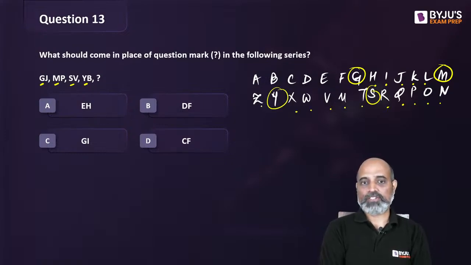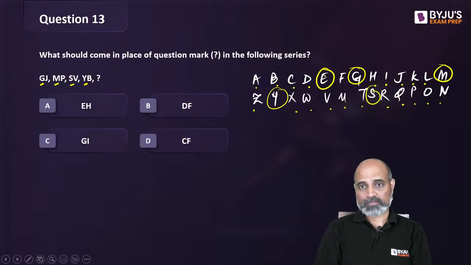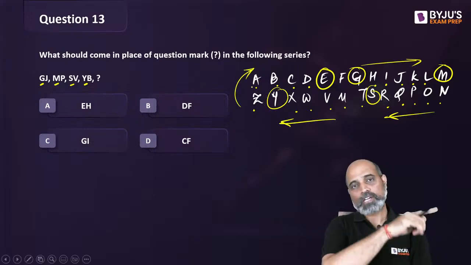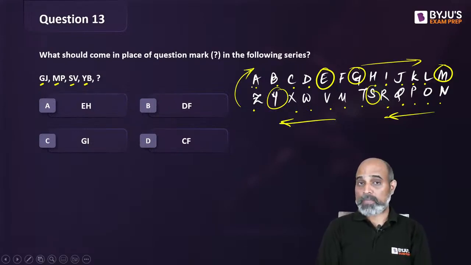And then we should have a gap of 1, 2, 3, 4, 5 letters, and it should start with an E. है ना? We are moving like this, 5 letters. It's always cyclic. After Z, you come back to A. So my next string or the next word should start with E.